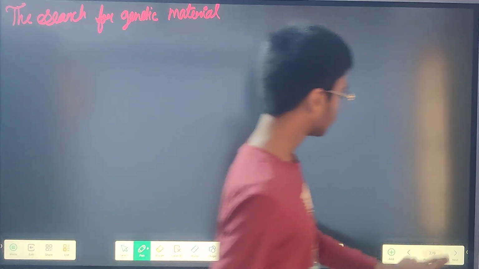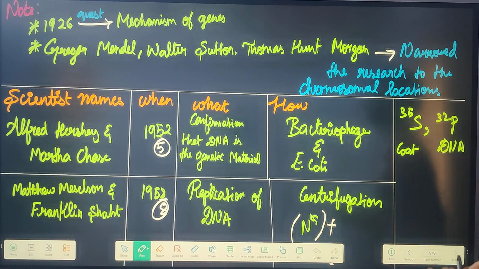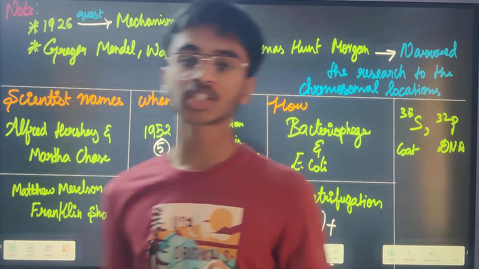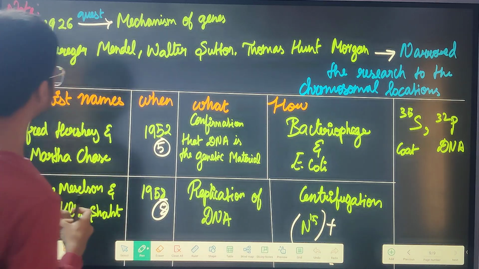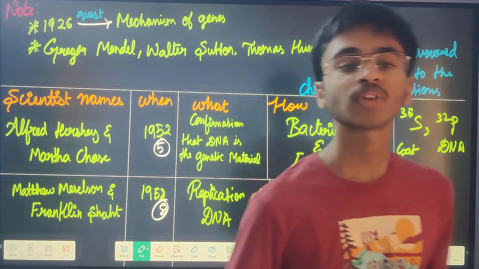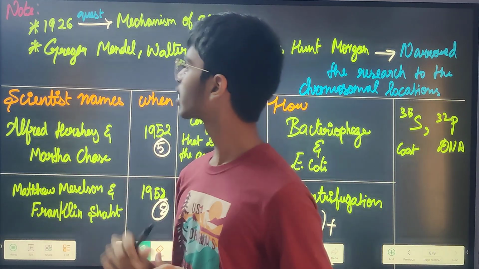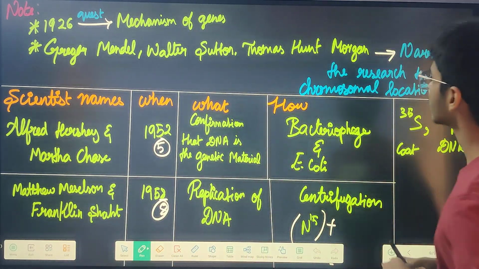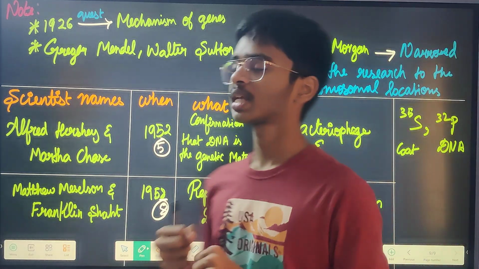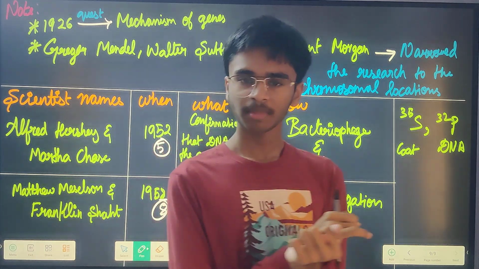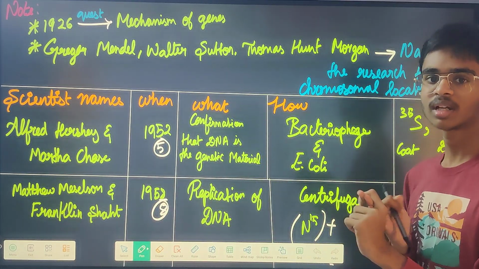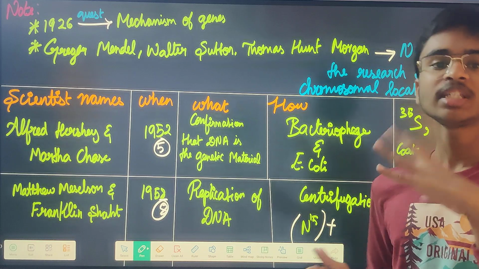See, in the year 1926, there was a quest to find the location, the mechanism of genes. Then a few scientists, naming Gregor Mendel, Walter Sutton, Thomas Hunt Morgan, all these persons are there, right?